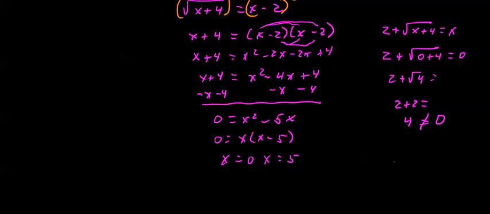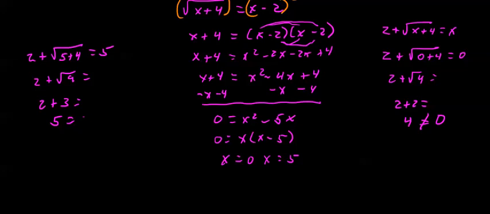Our second check, I'm running out of space here. Do it over here. 2 plus the square root of 5 plus 4 is equal to x, which is 5. 2 plus the square root of 9. 2 plus 3. 5 indeed is equal to 5.